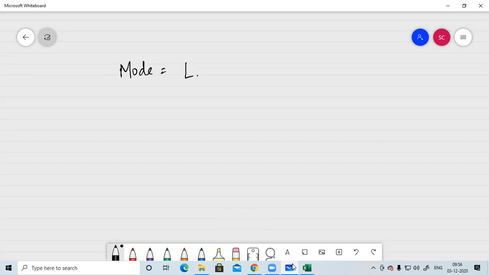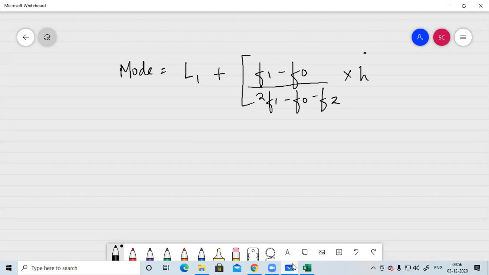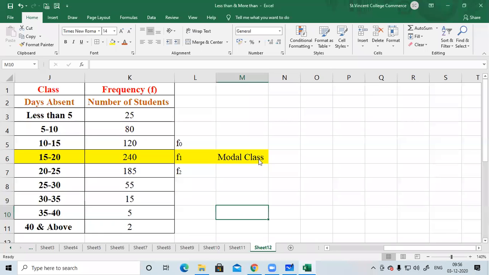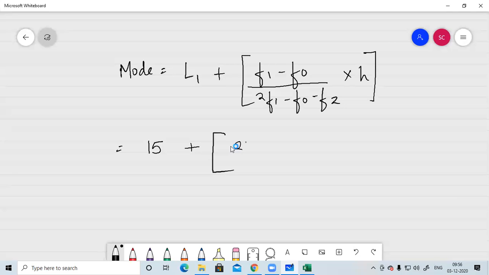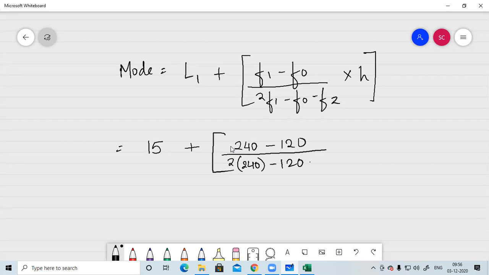Mode is equal to L1 plus F1 minus F0 divided by 2F1 minus F0 minus F2, into H. So what is L1 for us here? 15, plus F1 is 240, minus F0 is 120, divided by 2 into 240 minus 120 minus F2, which is 185, into 5.